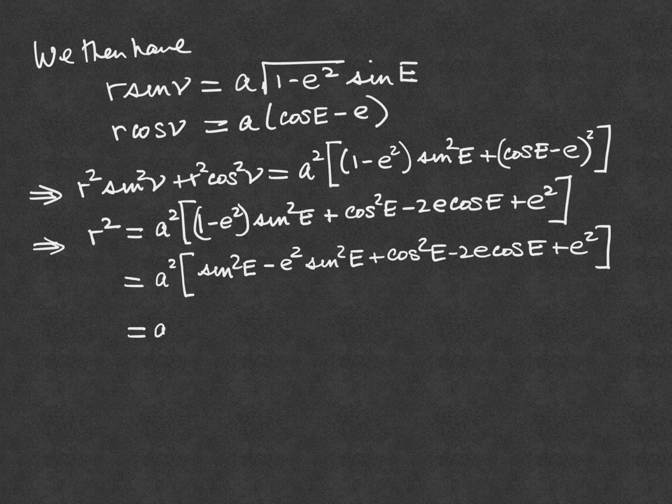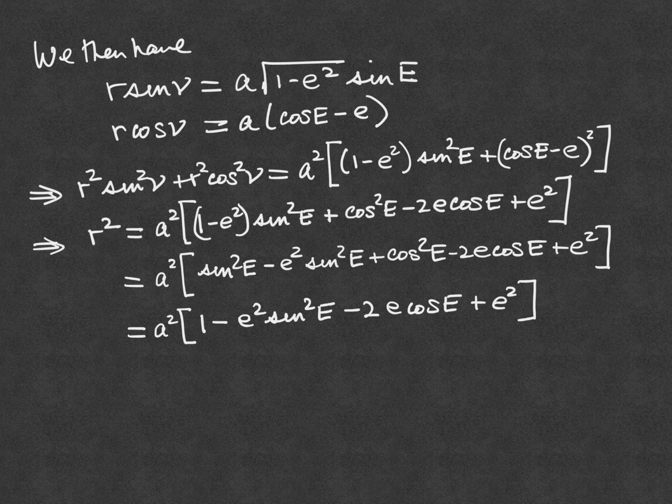Now we note that in this last expression, sine squared e plus cosine squared e is equal to 1. So we get 1 minus e squared sine squared e, because the sine squared and cosine squared become 1, and we still have the e squared sine squared e, minus 2e cosine of e plus e squared.